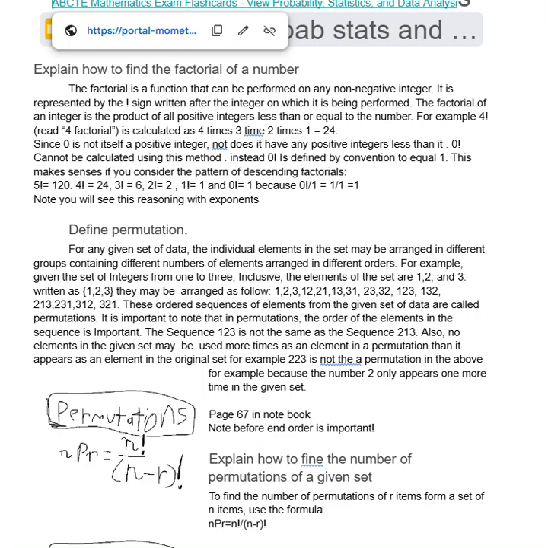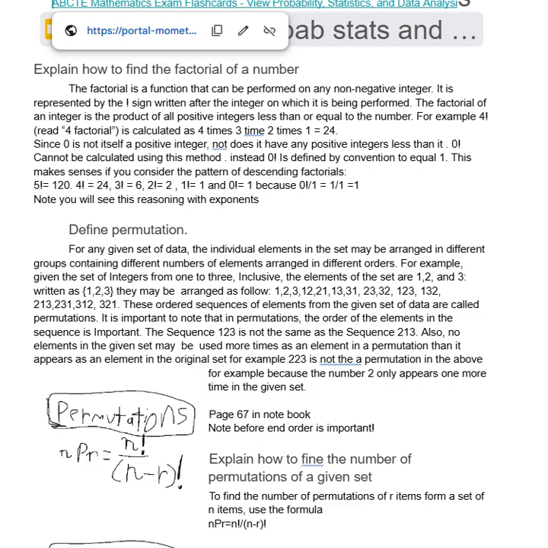Define permutation. Order matters. For any given set of data, the different elements in the set may be arranged in different groups containing different numbers of elements arranged in different orders.